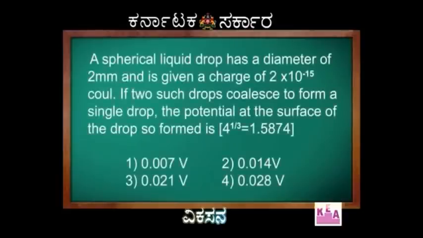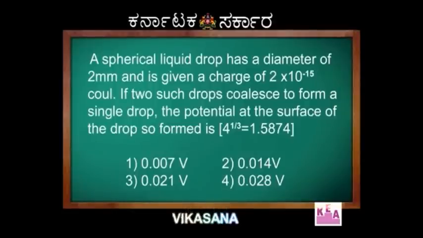Let me illustrate it by taking this example. A spherical liquid drop has a diameter of 2 millimeter and is given a charge 2 into 10 to the power minus 15 coulomb.